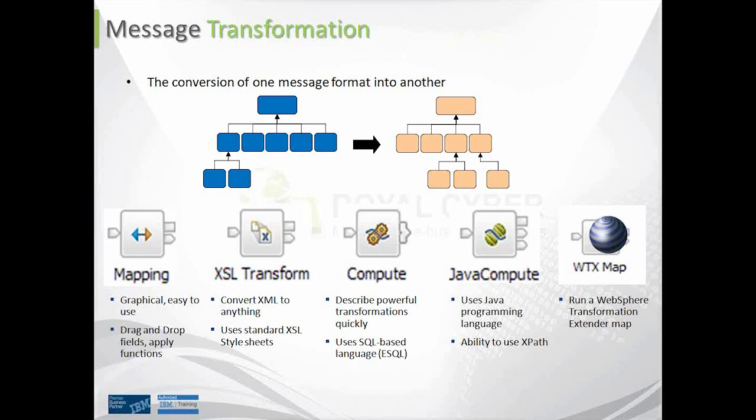Like the mapping and XSL transformation nodes, we don't need to write any kind of programming. Mapping is a visually drawn mapping transformation node. XSL is where you provide a style sheet which will automatically transform an XML from one format to another format. For the compute node, you need to write a program based on a language called ESQL.